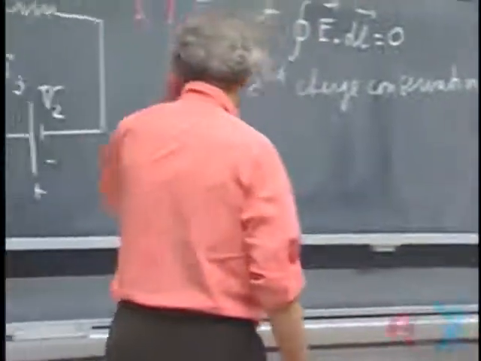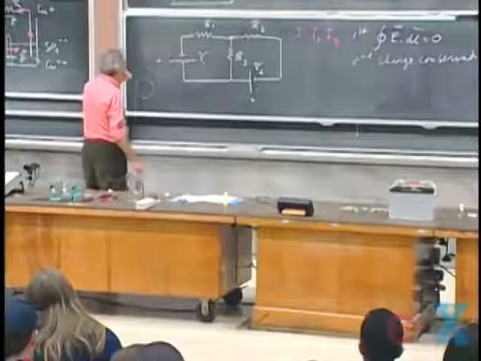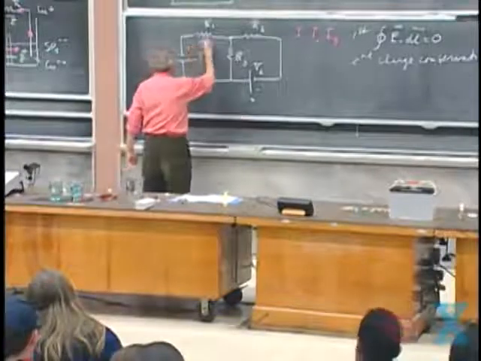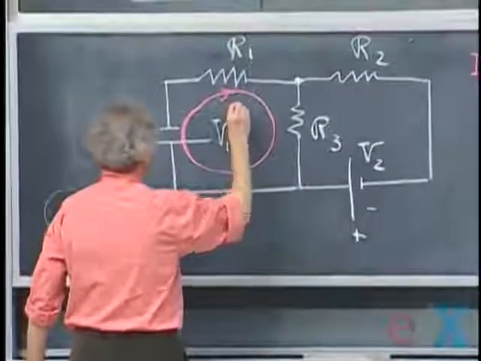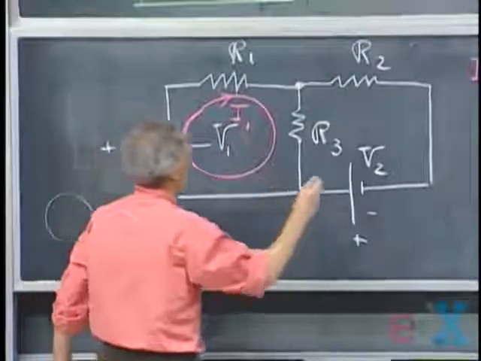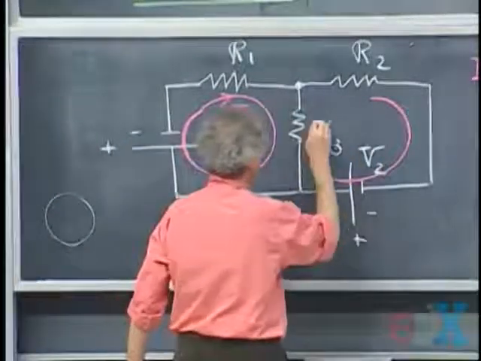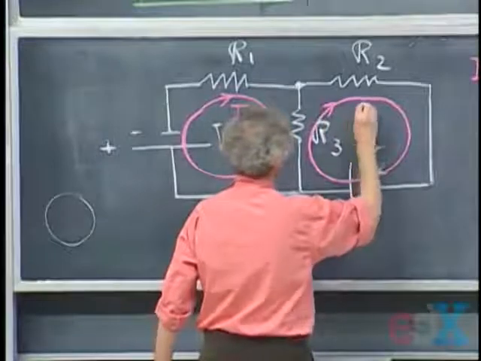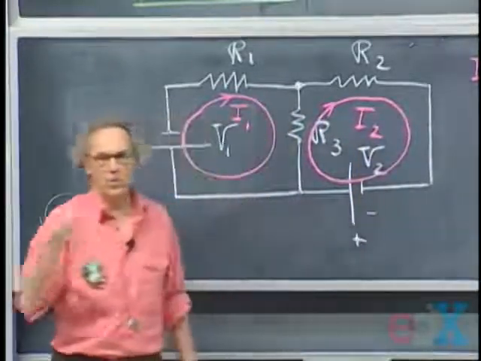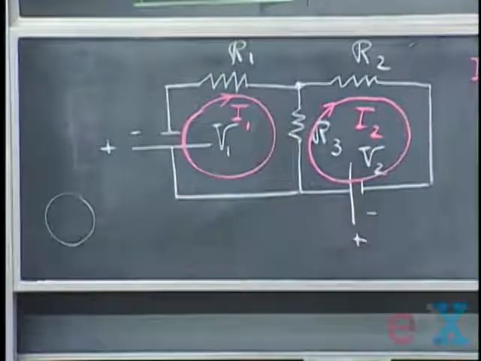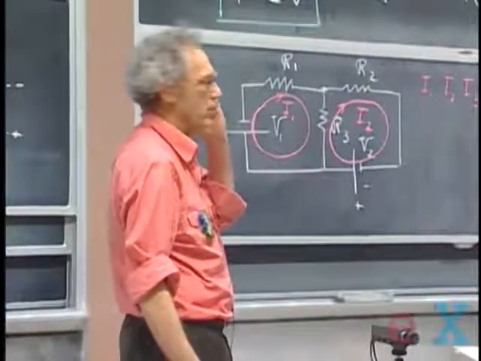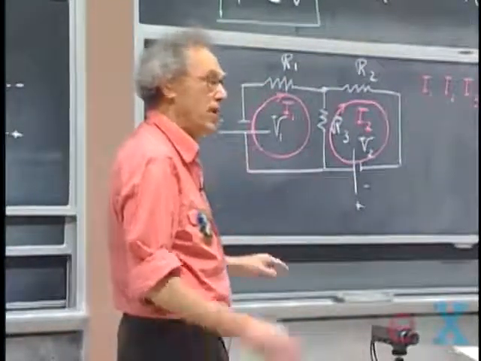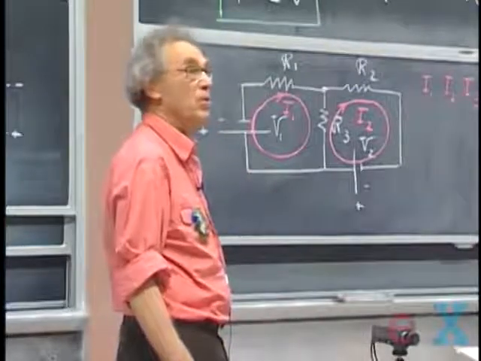What I do is the following. I say, okay, I assume that there is a closed loop current here, I1, and that there is a closed loop current here, I2. Whether I make them clockwise or counterclockwise, unimportant. I could have chosen one clockwise, the other counterclockwise, unimportant. However, once I choose the direction, it has consequences, as you will see.